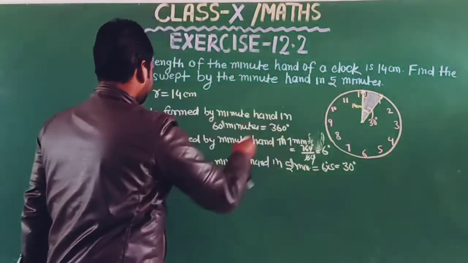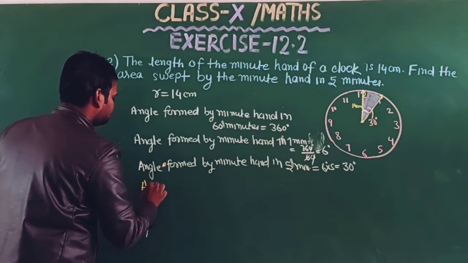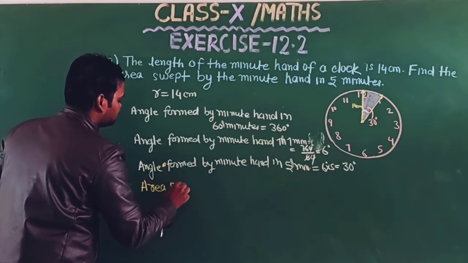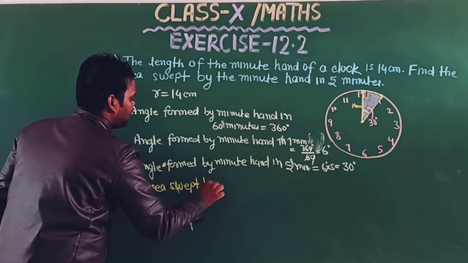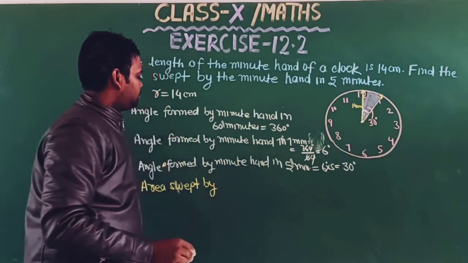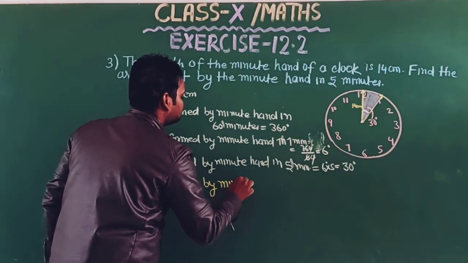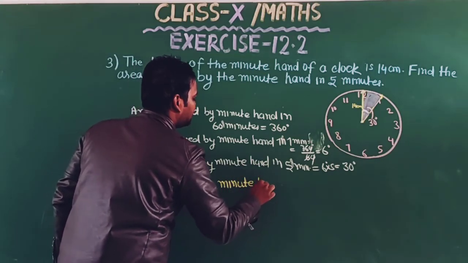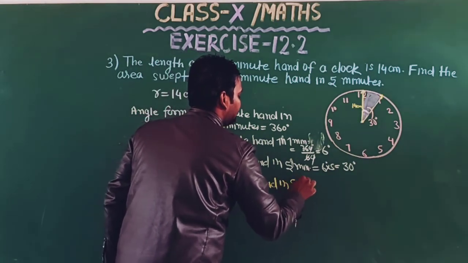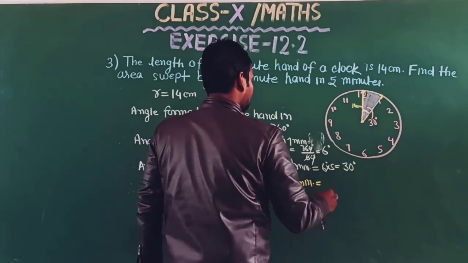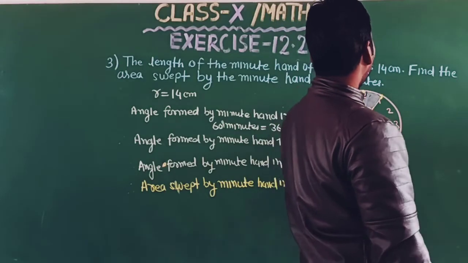So therefore area swept by the minute hand in 5 minutes is equal to the area of a sector of angle 30 degree.